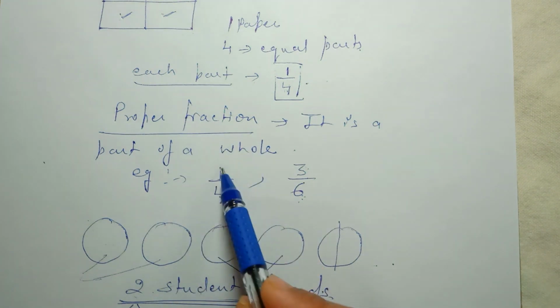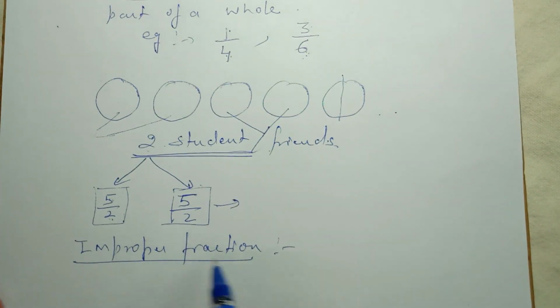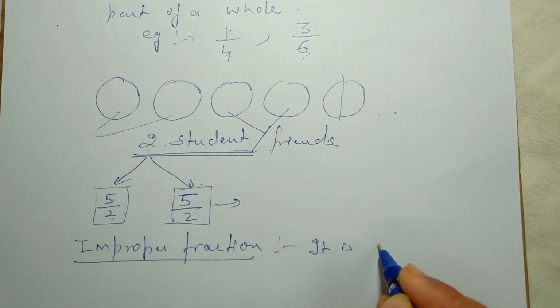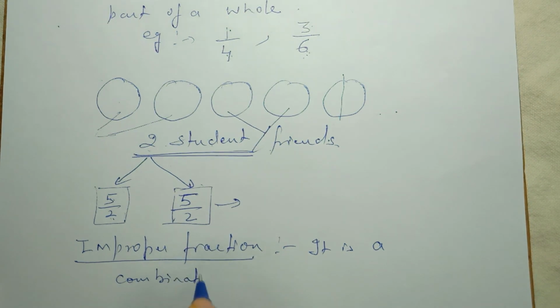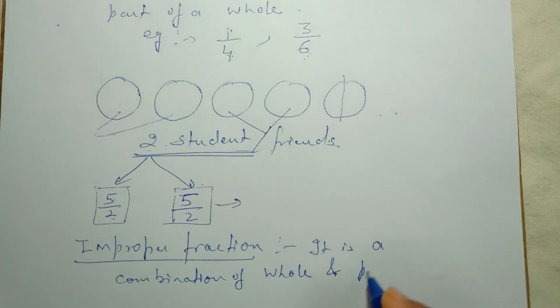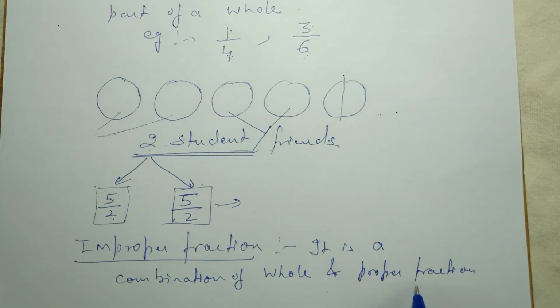So we can say an improper fraction is a combination of a whole and a proper fraction.